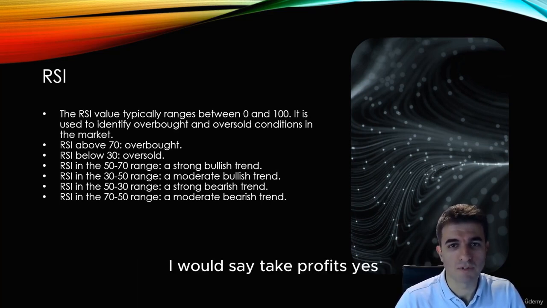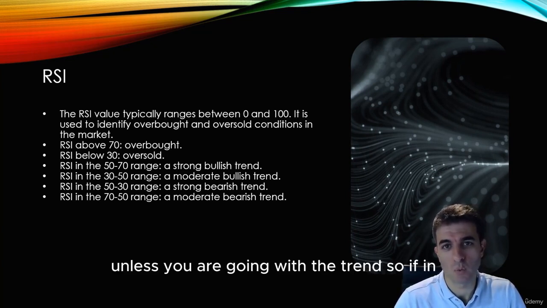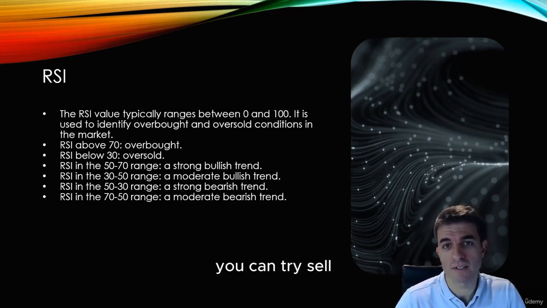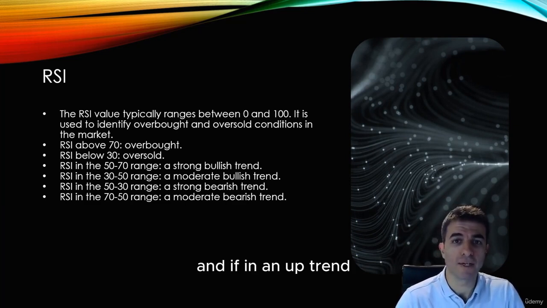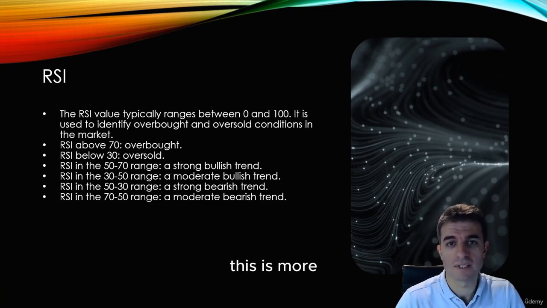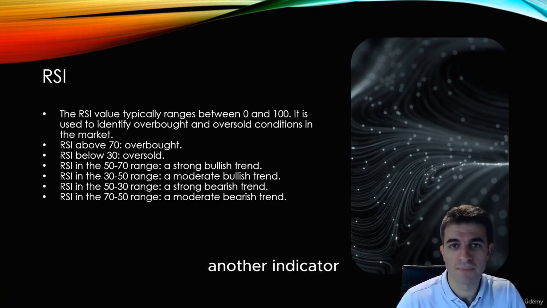I would say take profits, yes, but don't try to sell unless you are going with the trend. So if in a downtrend the RSI crosses above 70, yes, you can try selling or taking a bearish position. And if in an uptrend you have an RSI below 30, you might want to buy.